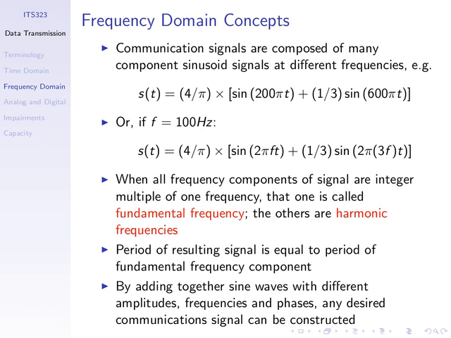The top example is simply the addition of two sinusoids. We'll write them down. Let's say SA of t is sine 200 pi t, and SB of t is 1/3 sine 600 pi t.